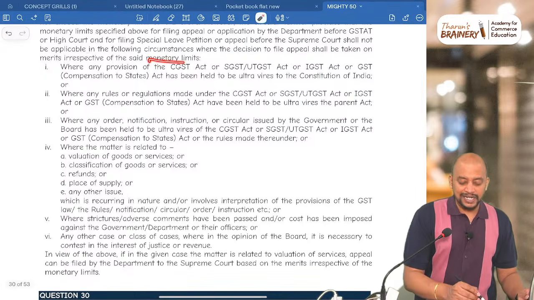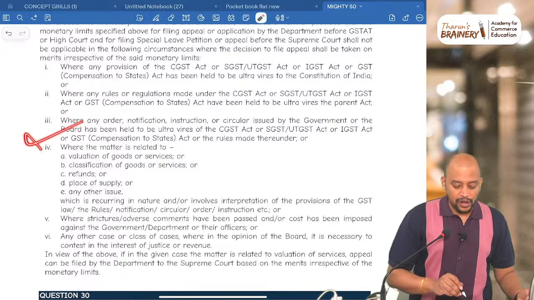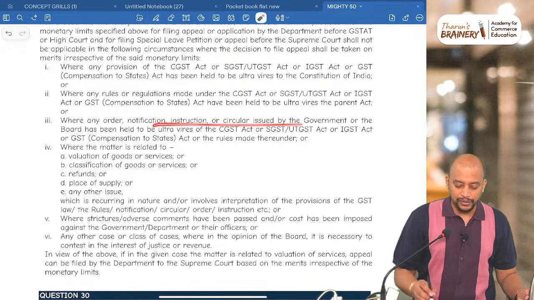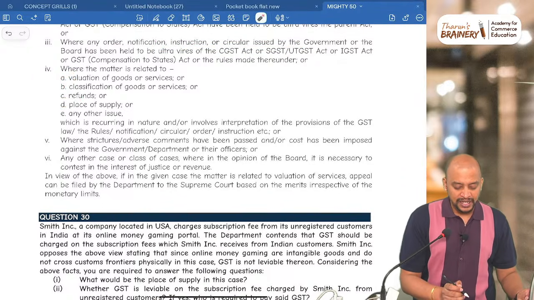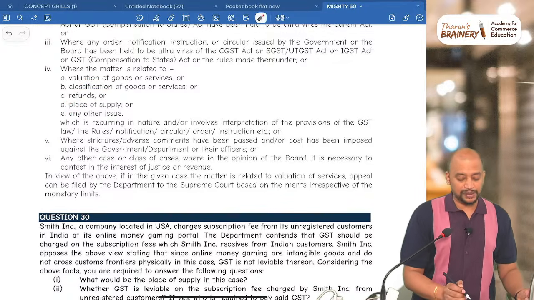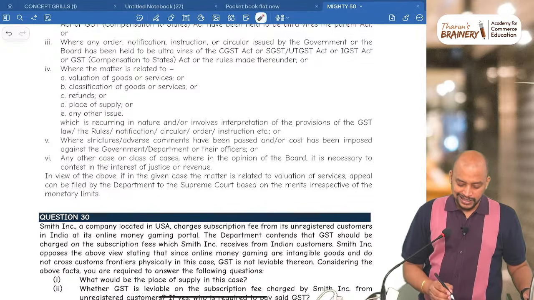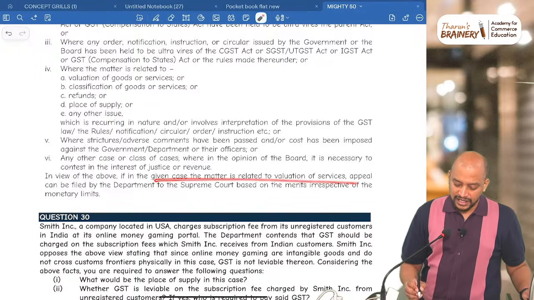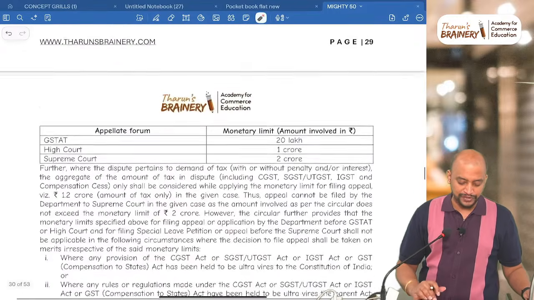Number 1, where the act is ultra vires the constitution, or the rules are ultra vires the act, or the notification or order or circular is ultra vires the act or rules, or where the issues are related to valuation, classification, refund, place of supply, or any other issue which is recurring in nature. In view of the above, if in the given case a matter is related to valuation of service, appeal can be filed by the department based on merits irrespective of the monetary limits.